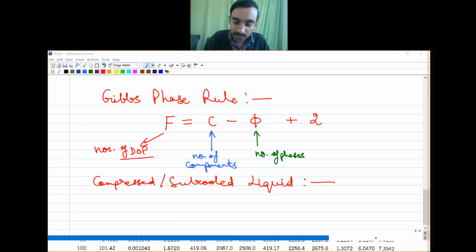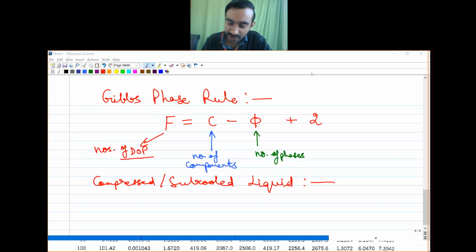Yes, so what I will be doing. In the case of the Gibbs phase rule, we are specifying that F is equal to C minus phi plus 2, where F represents the number of degrees of freedom. That degree of freedom is the number of independent properties which are required to specify the state of the thermodynamic system.